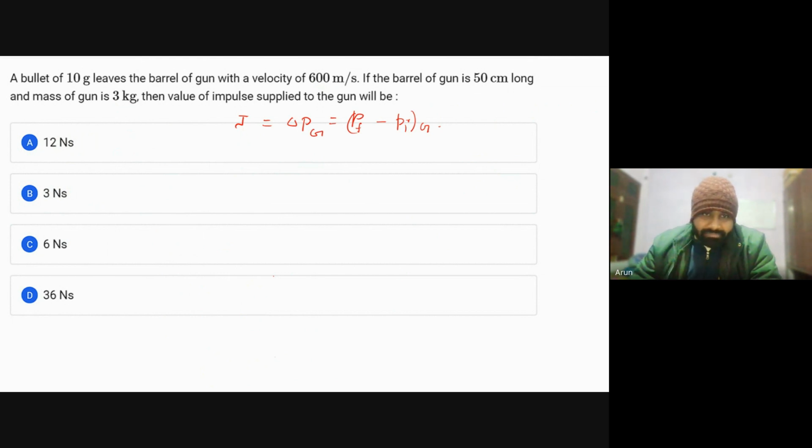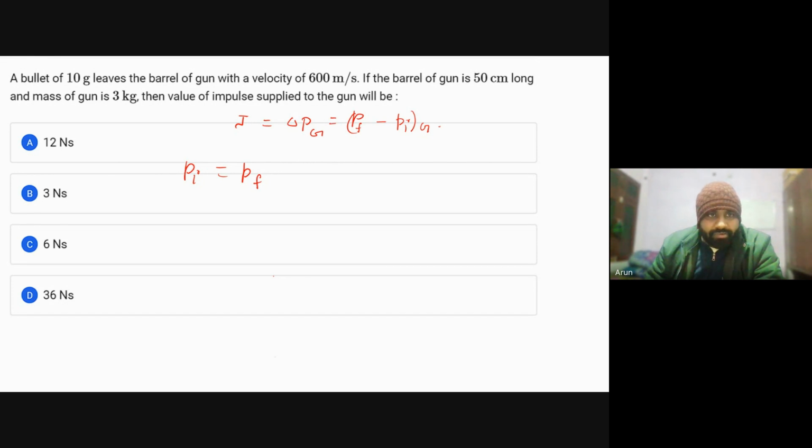So there is no external force applied to the gun. We can say that the momentum is conserved here. So we apply momentum conservation: P initial equals P final, the momentum of the system. The system we have considered as bullet and gun. Finally, when the bullet leaves the system, its velocity means nothing to us, so we can assume it zero.